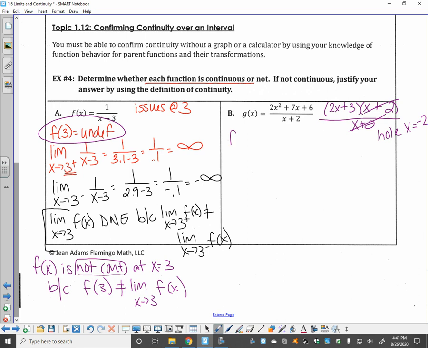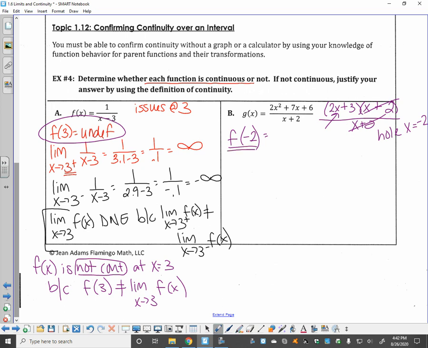I'm going to find f of -2. Well, if you plug in a -2, now I remember in the previous notes, I would say, okay, take the -2 and plug it into what's left, and that will tell you where the hole is. Okay, but please know that I'm doing something different here.